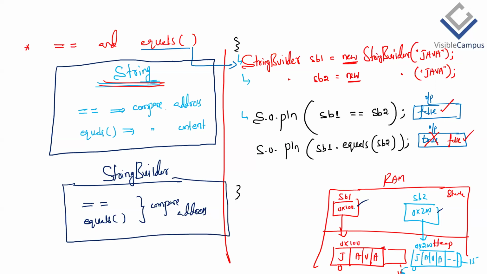Clear? So if you want to know why, there is actually a class called the Object class in Java. We don't know it as of now, just remember. In this Object class, the most commonly used methods were defined.